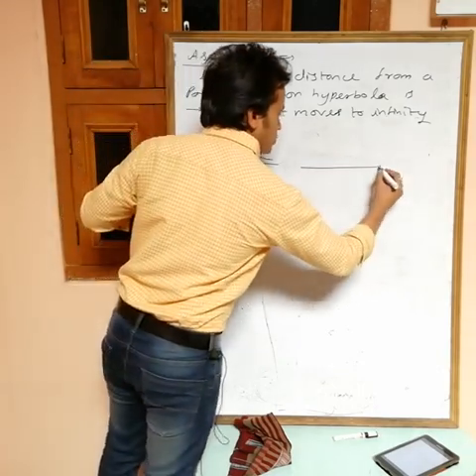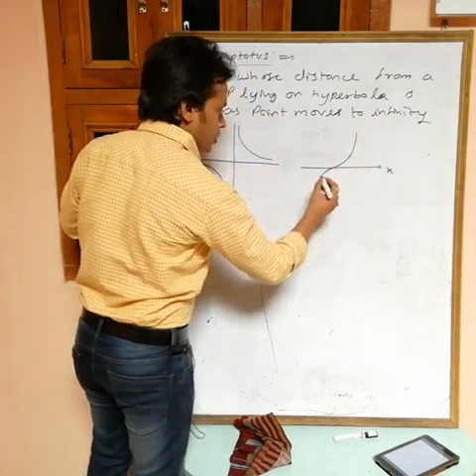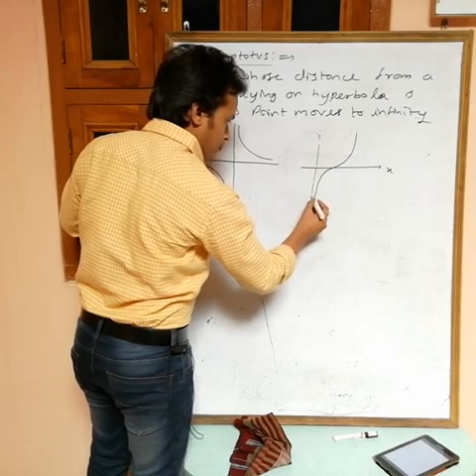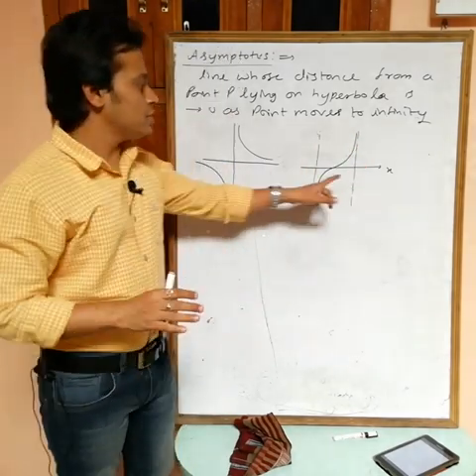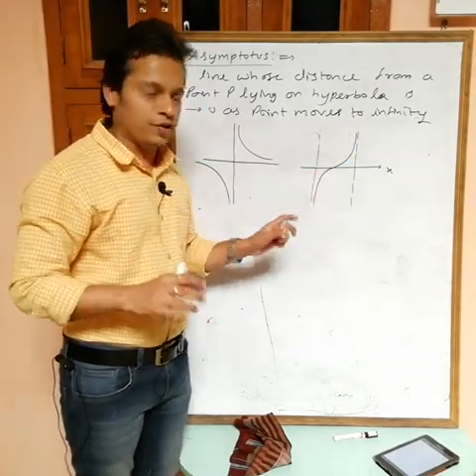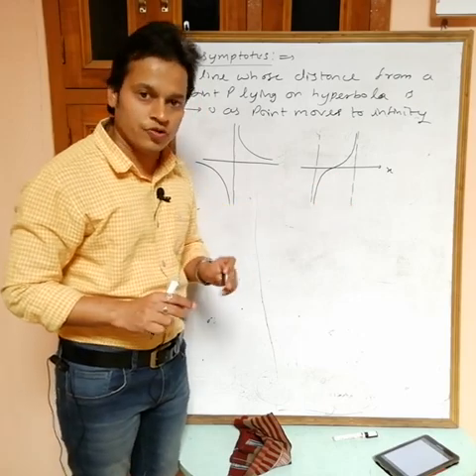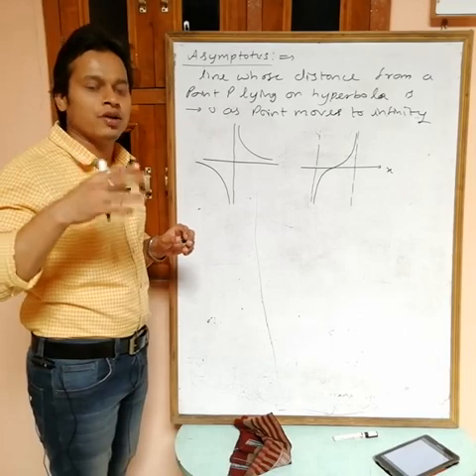Similarly, suppose this is the curve of 10x now. For this curve also, this line touches it at infinity, and this one also touches it at infinity. So these two are asymptotes for this curve. Okay, so an asymptote is simply a line which touches the curve at infinity.